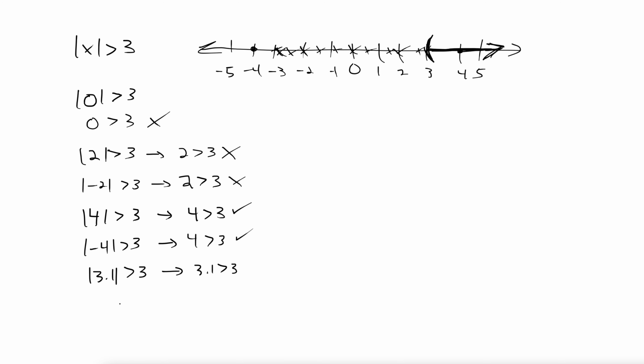And similarly, negative 3.1, absolute value, is that greater than 3? That's still 3.1, and that is indeed greater than 3. These are checks. So yes, everything in this direction, when you take the absolute value of it, we get something that works.